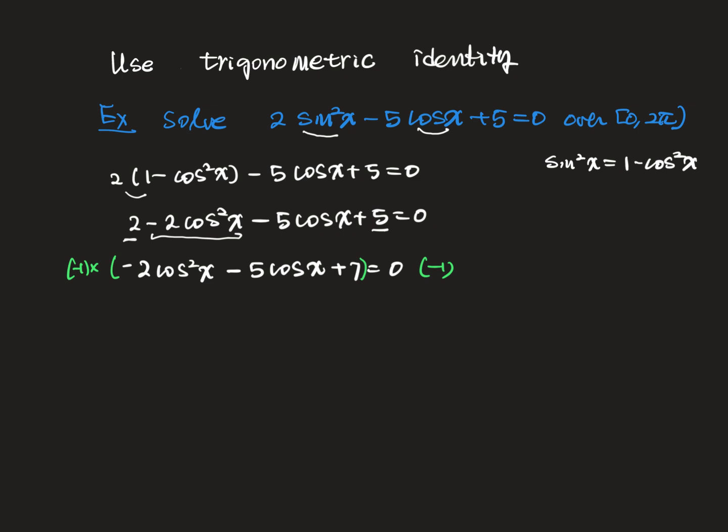That's what I'm going to do first. So it's going to be 2 cosine squared x plus 5 cosine x minus 7 equals 0. Now I want to use the substitution method, right? Let u be cosine x: 2u squared plus 5u minus 7 equals 0.